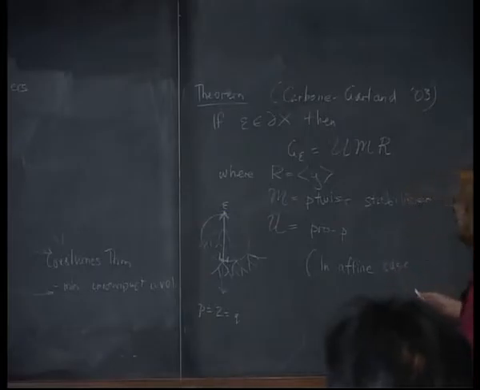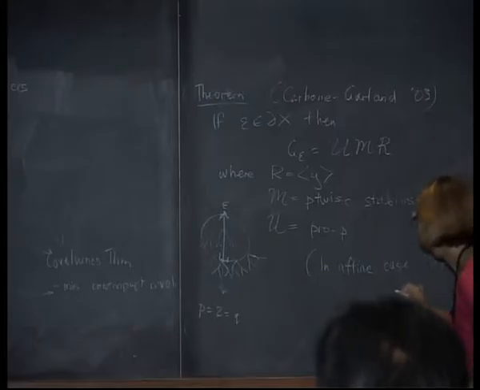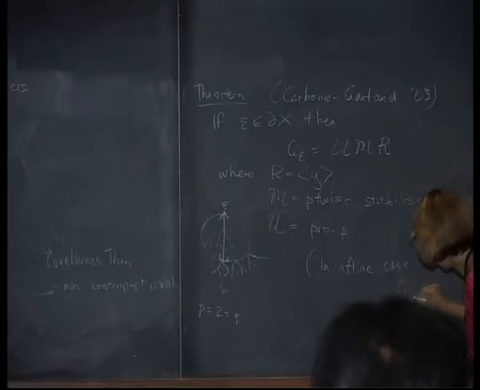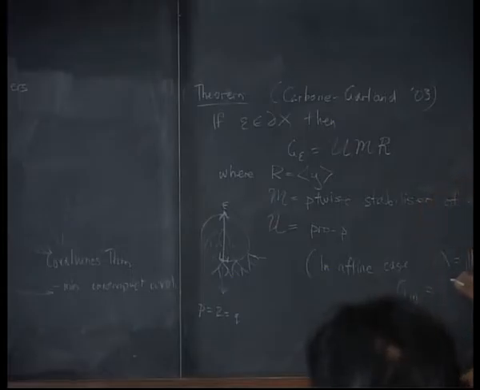In the algebraic case, you identify the boundary with the projective line over this field. And then the stabilizer of, say, the end point on the boundary, 1, 0, is the matrices which are upper triangular.